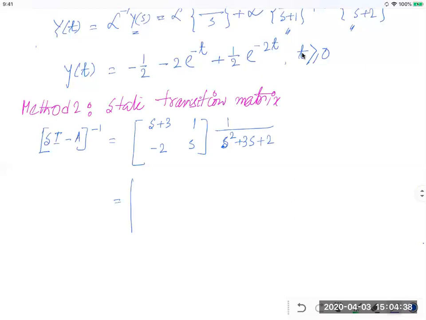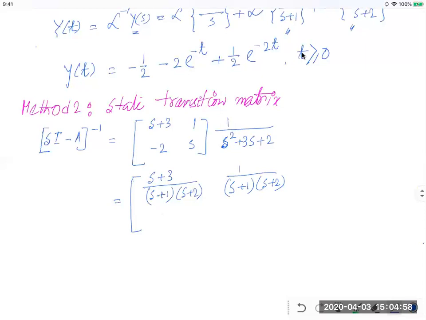Another form is: the first element is (s plus 3) by (s plus 1)(s plus 2), and the second element is 1 by (s plus 1)(s plus 2).